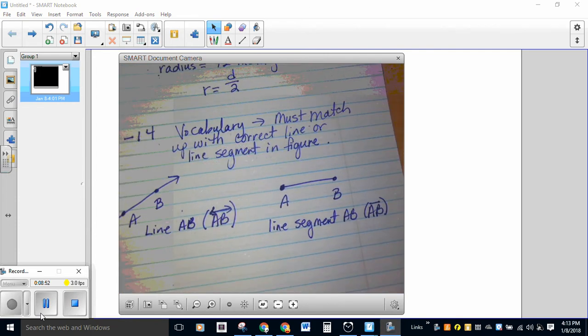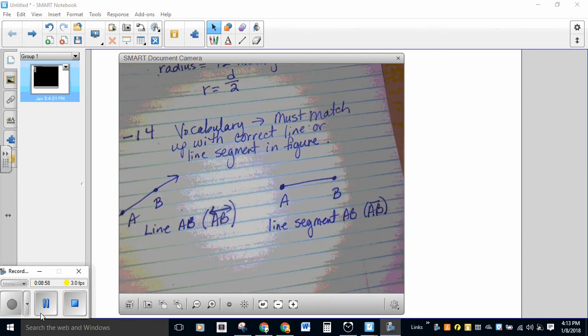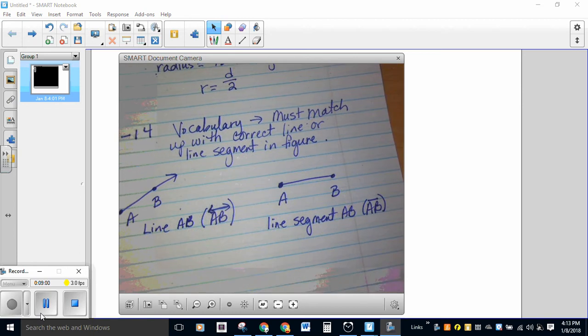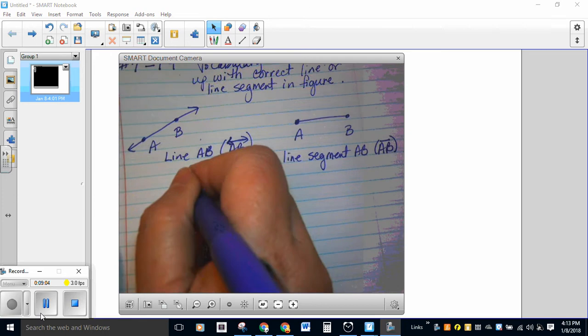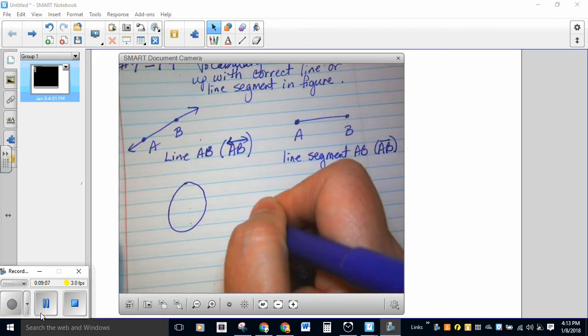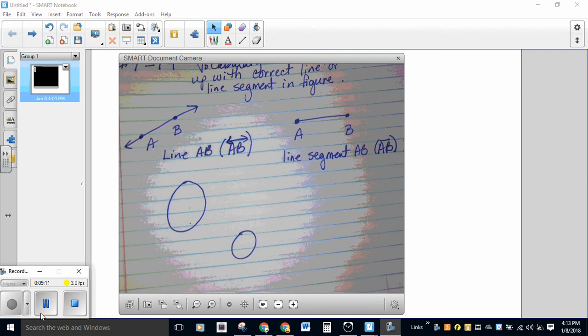Line segment. Make sure you name them correctly or look for the right one, because on one of them they've got the same letters, but one's a line and one's a line segment. The only thing that's not in your notes is what an internal and what an external tangent is. Okay?